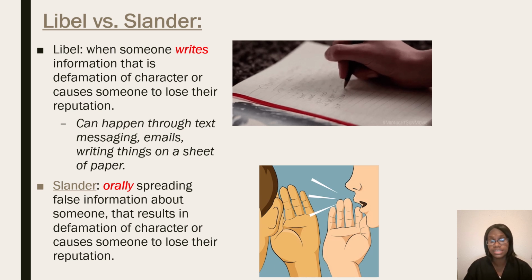And then we also have slander. So this is orally spreading false information about someone that results in defaming their character or causing them to lose their reputation. So you're actually speaking to someone kind of like how I'm speaking now, but you're speaking to another person, with your words, telling them, hey, such and such, they're always late.